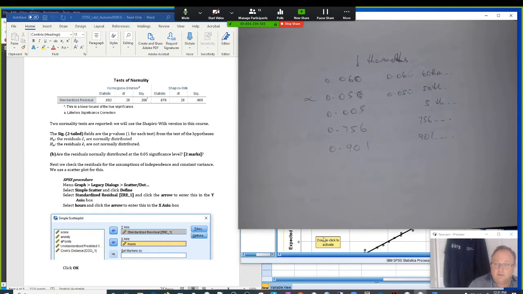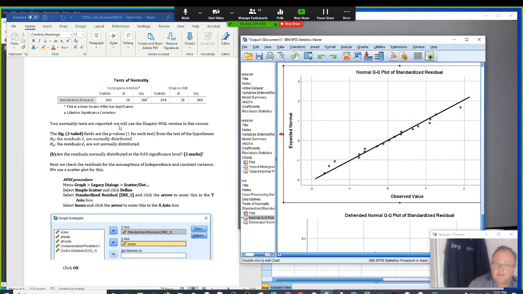So for our example, for the SW test, what we've got here is an H0 which says that the residuals are normally distributed. Very good. Wonderful. Is that actually the case? Are they normally distributed?